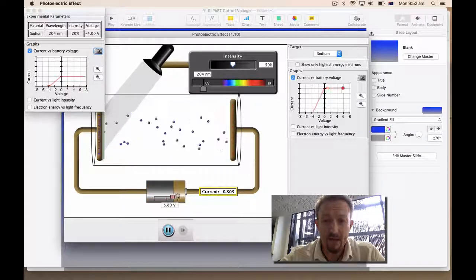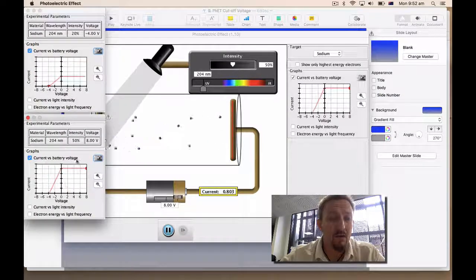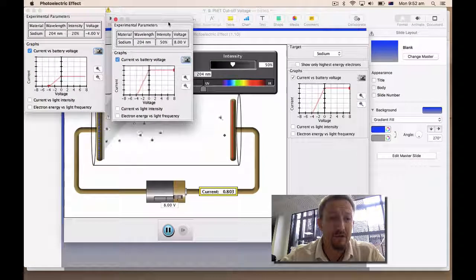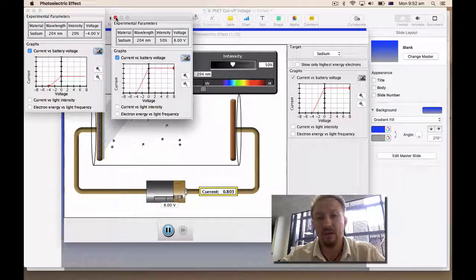We'll take a screenshot of that, and you can see here that when we compare the two graphs, we get exactly the same shape, but by decreasing the intensity we lower the amount of current which is generated, and that works for any type of metal.